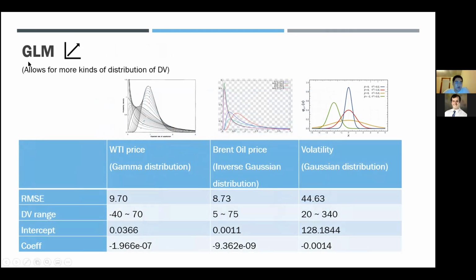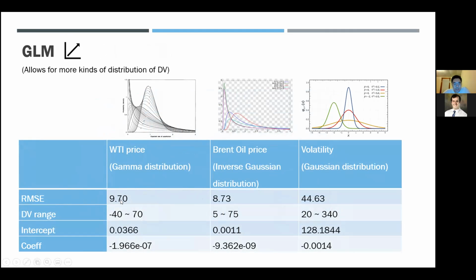An advantage of GLM is it allows for more kinds of distribution of the dependent variable. You can see for WTI, the top model is gamma, for Brent is inverse Gaussian, and for volatility is Gaussian.